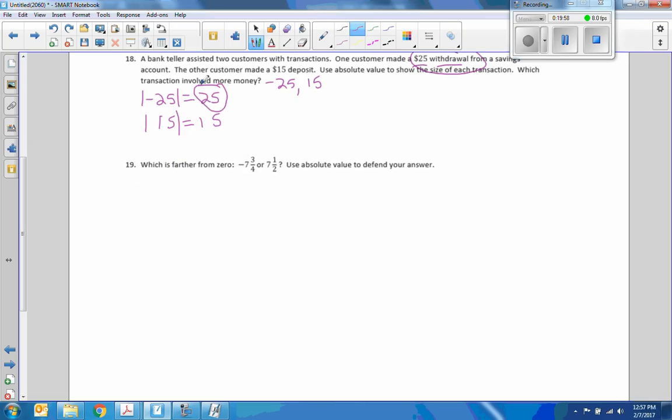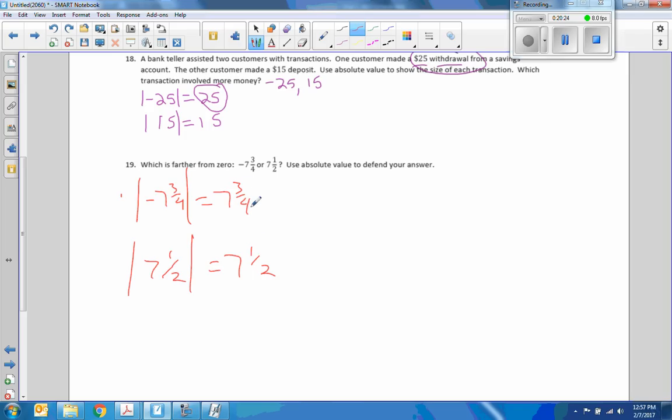19. Which is farther from 0? Negative 7 3/4 or negative 7 1/2? Use absolute value to defend your answer. If I take the absolute value of negative 7 3/4, that equals 7 3/4. If I take the absolute value of negative 7 1/2, that equals 7 1/2. Well, if I have $7.50 and I have $7.75, which is more money?